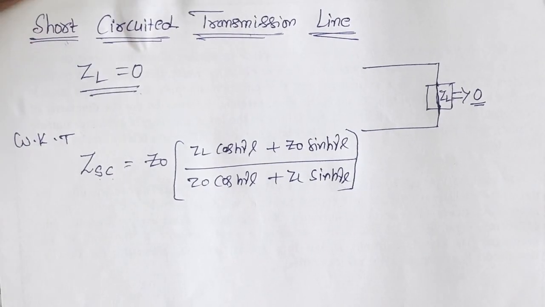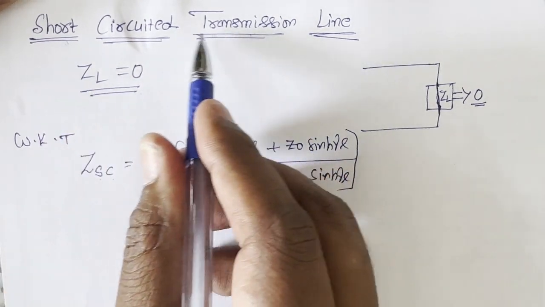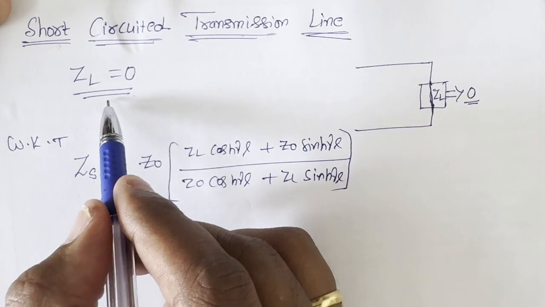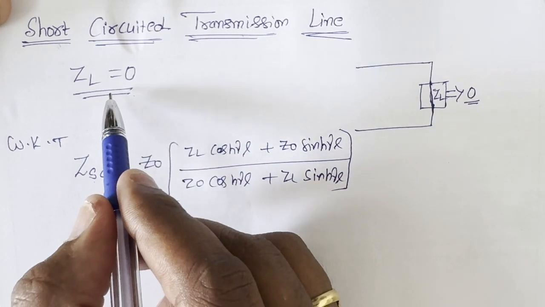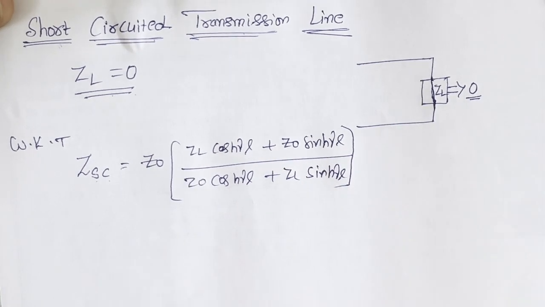Now here the value of ZL is 0. In case of a short circuited transmission line, the value of ZL is equal to 0. So substitute the value of ZL as 0 here.